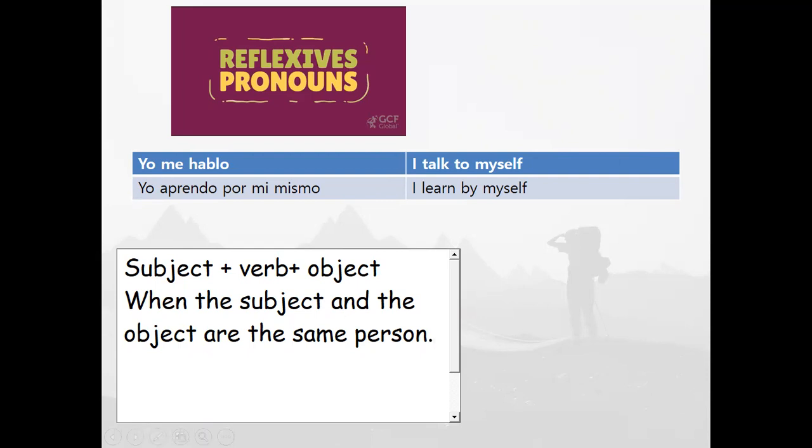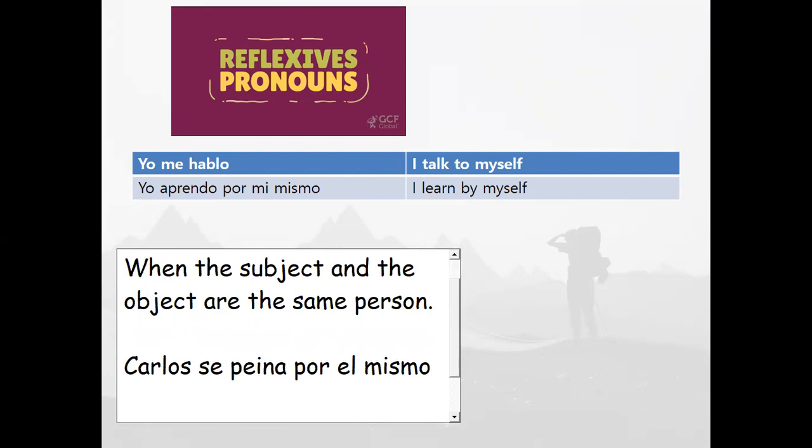For example, digamos que Carlos se peina por él mismo. How do we translate this expression? With relation to Carlos, Carlos brushes his hair by himself.